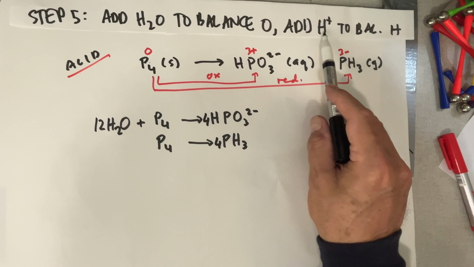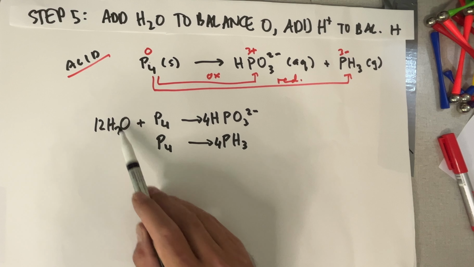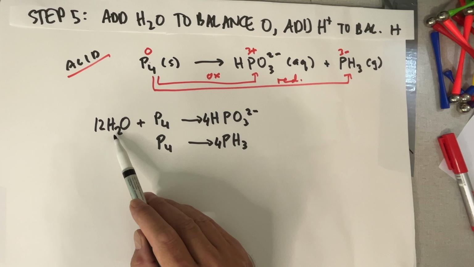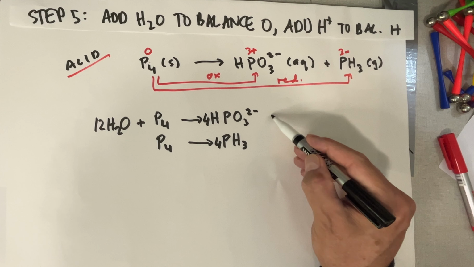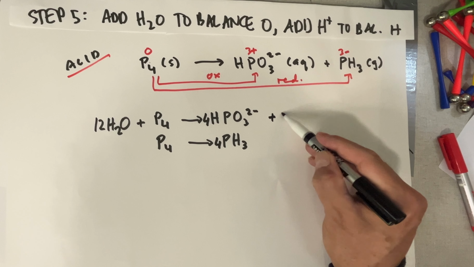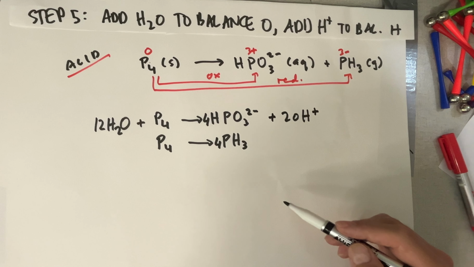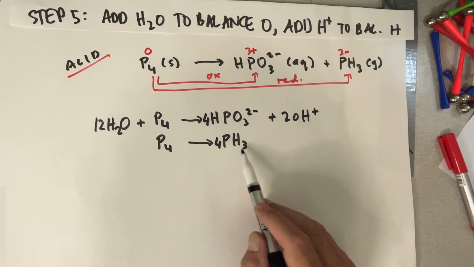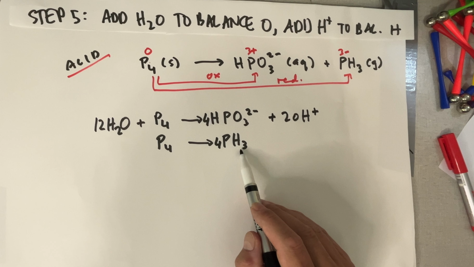For the first step, you have a number of H pluses. So here you have 24 H pluses, and here you have only 4. So you need another 20 on this side. On this side, you have 3 times 4 is 12 hydrogens.